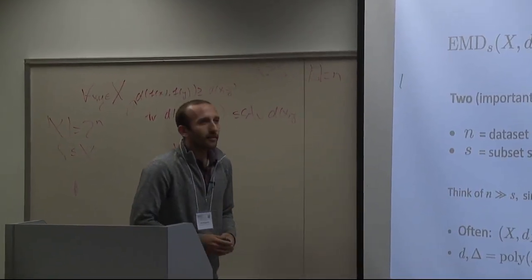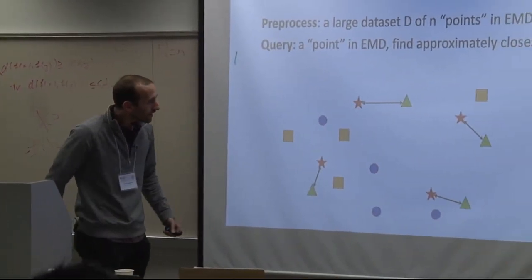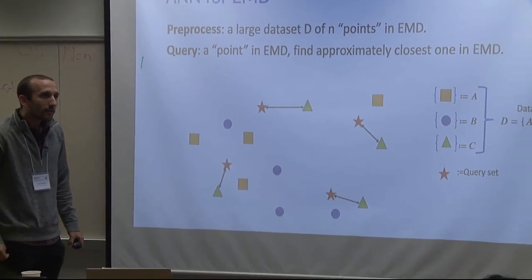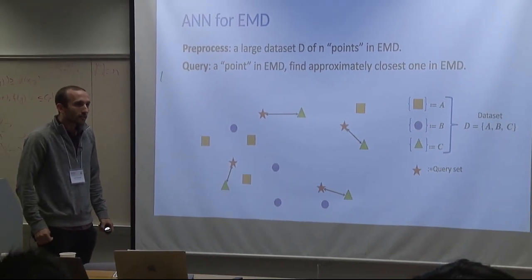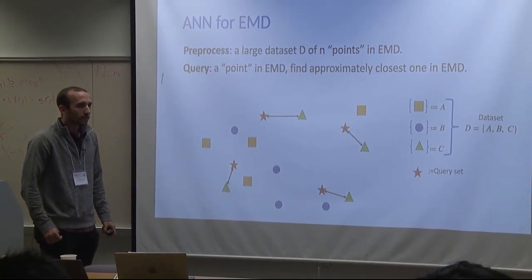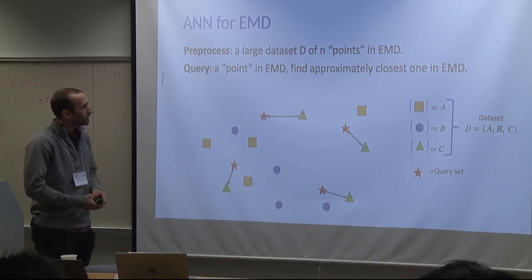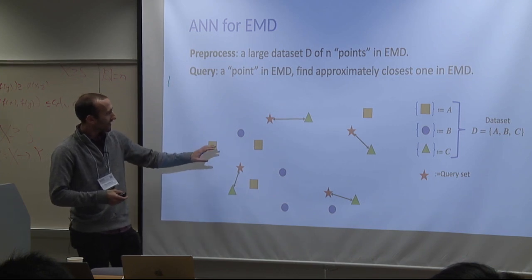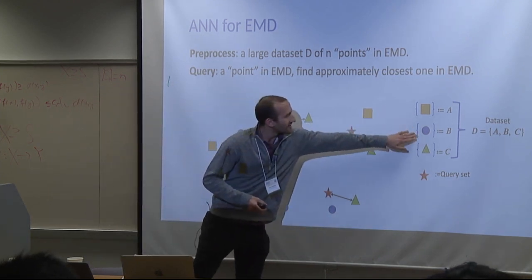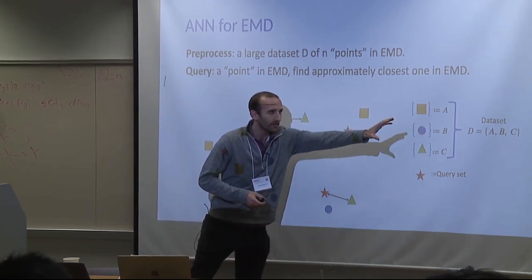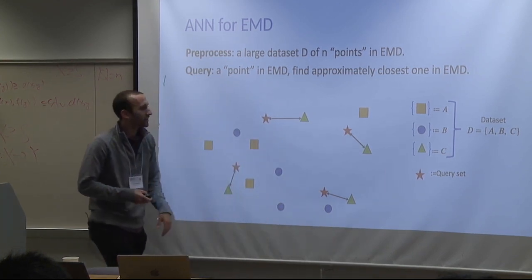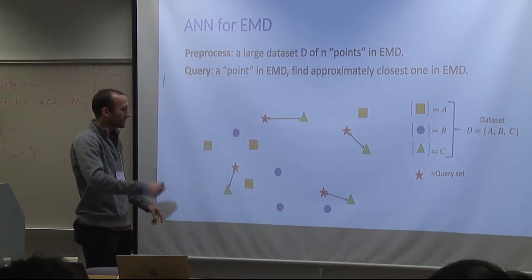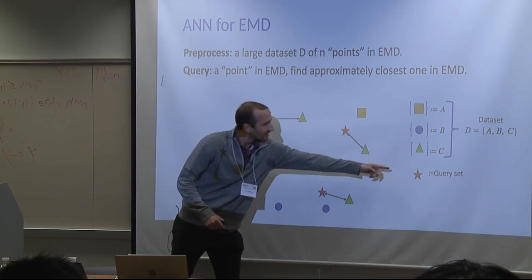Yes? Why didn't you use any of the sets A or B in the minimization? Yeah, so this picture is supposed to say that, at the beginning you had the squares, circles, and triangles, A, B, and C, that's all you had. You built your data structure, and now I came to you with a new query, the stars.